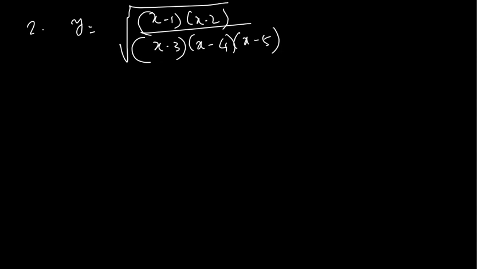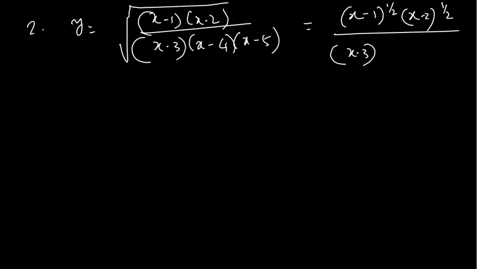So this entire thing can be written as x minus 1 to the power of half, x minus 2 to the power of half, because the square root will come to everything, x minus 3 to the power of half, x minus 4 to the power of half, x minus 5 to the power of half.